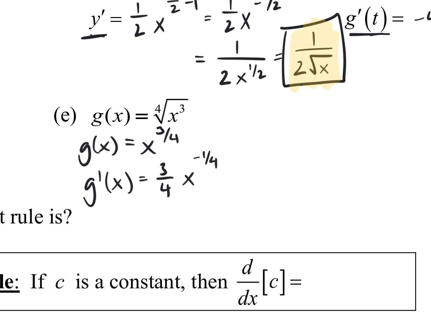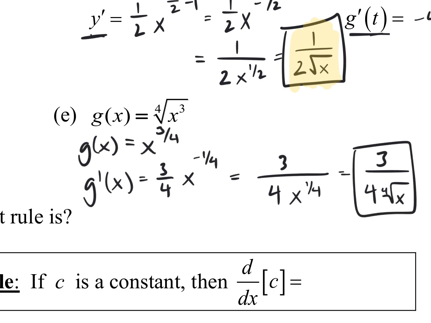Again, if you wrote this on a test or an AP test, this would be fine. However, on your circuit worksheet, it is going to have positive exponents only. So if we rewrote this, 3 goes on top, 4 goes on bottom with my x to the 1/4 power, or we could have 4 times the 4th root of x. Same thing.